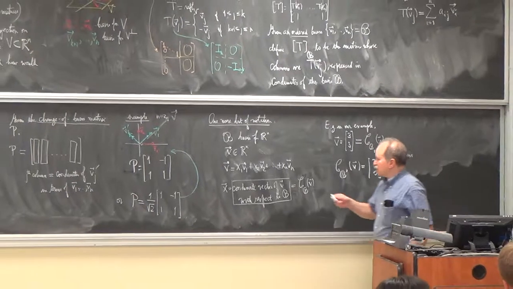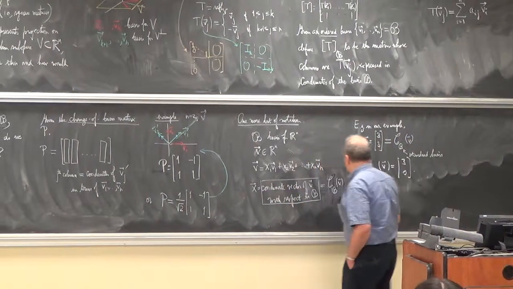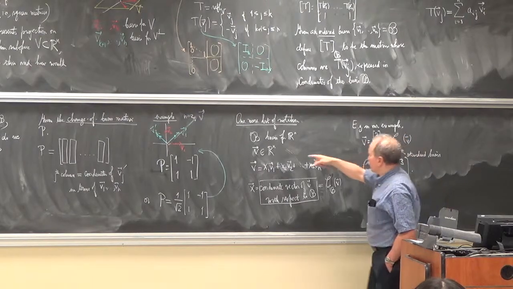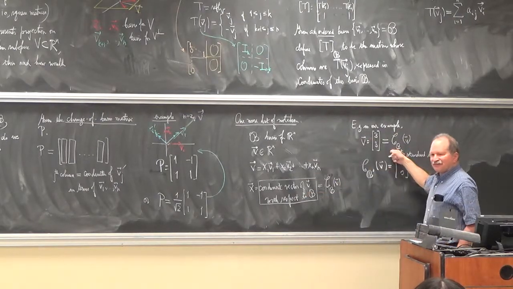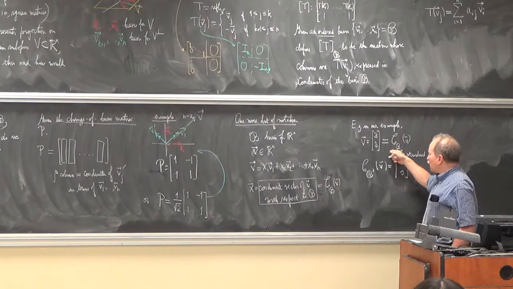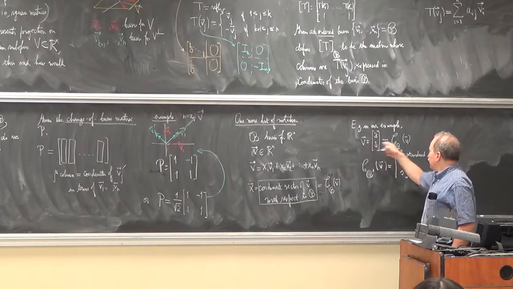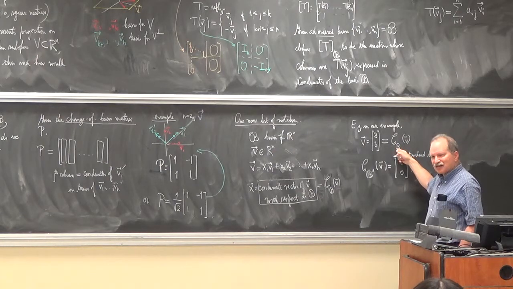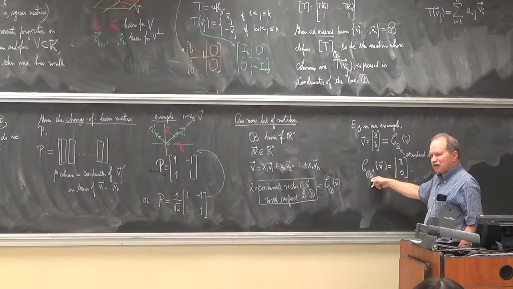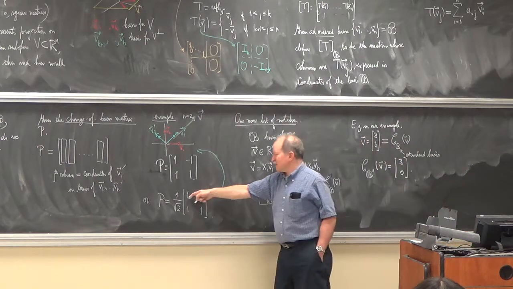So what is P? How does P relate to these coordinates? If I start with a vector in the old coordinate system, how do I give the coordinates in the new coordinate system in terms of the change of basis matrix?